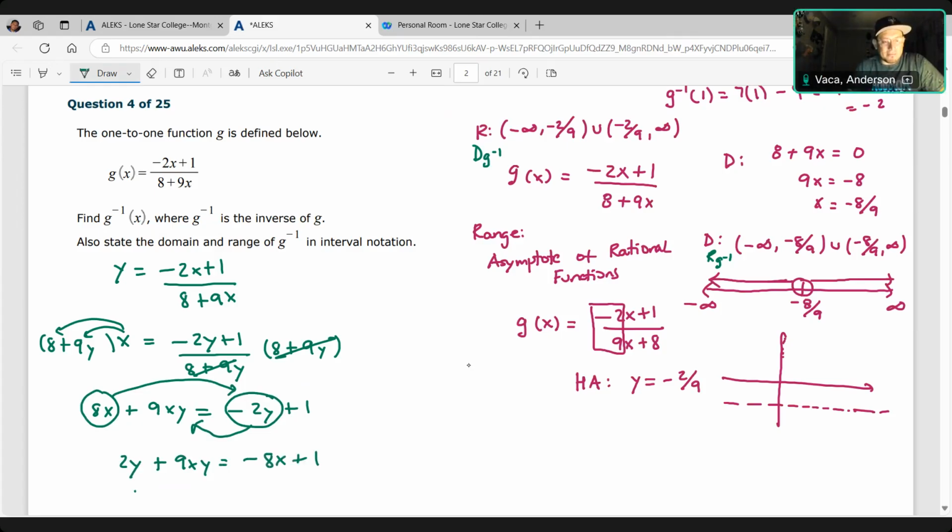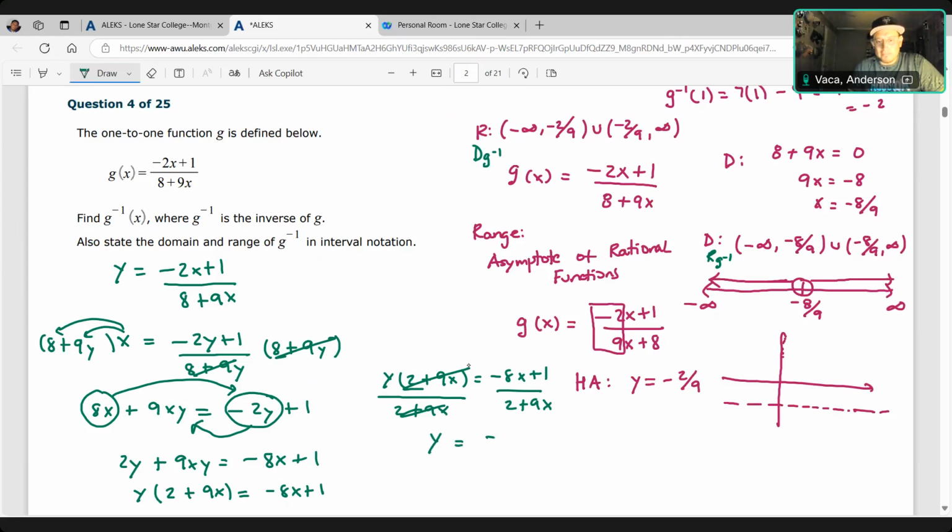And then we notice that we can factor out a y, 2 plus 9x. This is what we have. y times 2 plus 9x is equal to negative 8x plus 1. We're going to divide by this quantity here so that y is by itself. So we have that y is equal to negative 8x plus 1 over 2 plus 9x.